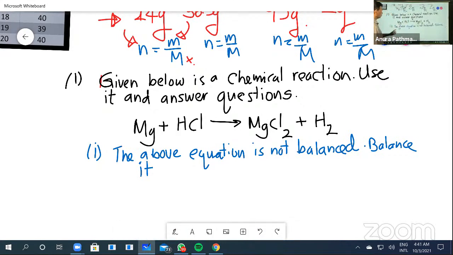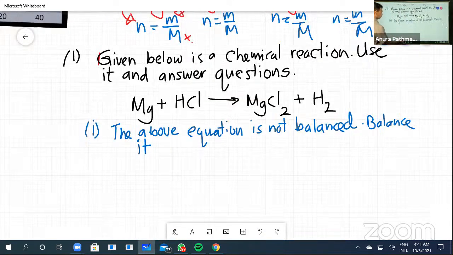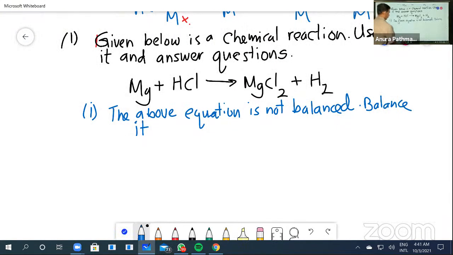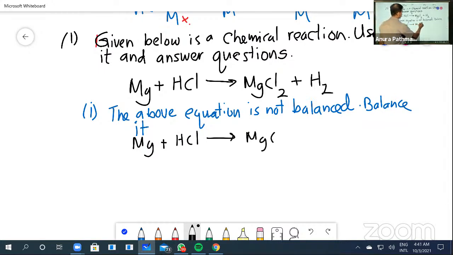So now you know how to balance it. How are you going to balance it? Magnesium, hydrochloric acid, magnesium chloride, hydrogen gas. So you have to have two hydrochloric acid. That's correct, right?